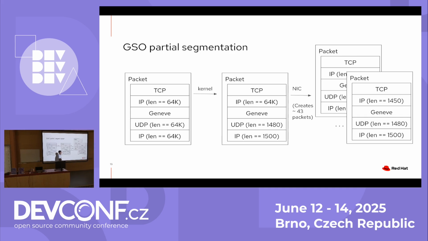Prior to sending the packet to devices supporting GSO partial, the kernel just updates the outer headers with values fitting the wire size. So it sets the IP length to 1500, the UDP length accordingly, fixes the checksum and hands it to the driver. The driver just needs to update this header here and consider everything below like a giant MAC header. It's constant data that it can just copy. So it updates a header here and splits the packets. It can do most of the work.